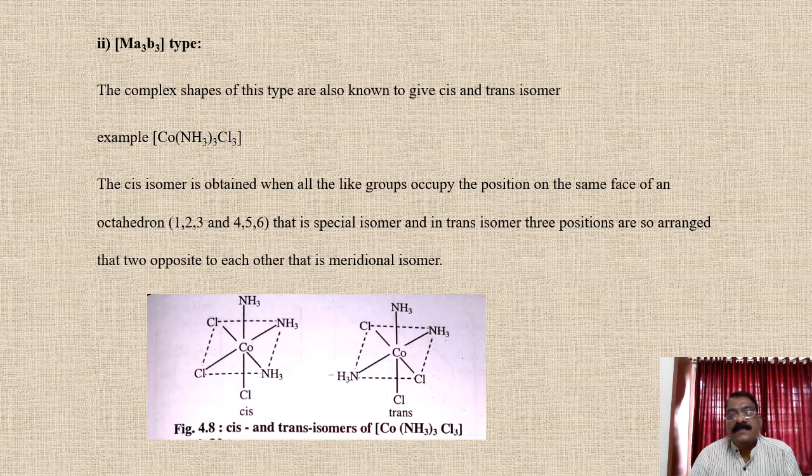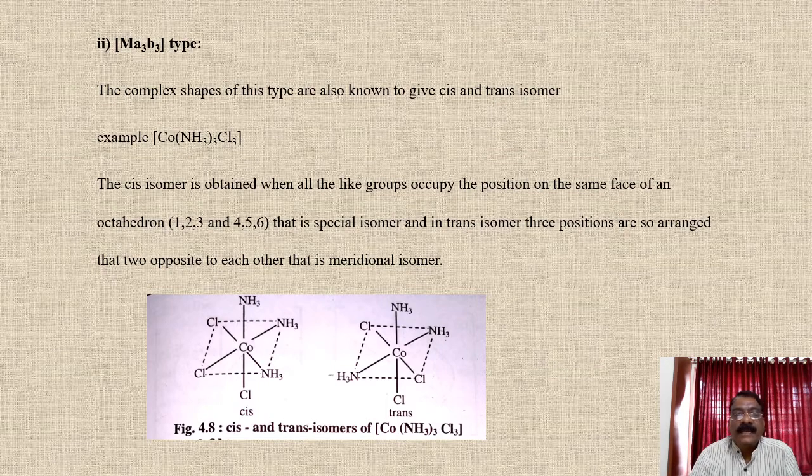This is the facial isomer, and in the trans isomer, three positions are so arranged that two ligands are opposite to each other. That is the meridional isomerism. So when there are similar ligands at 1, 2, 3 or 4, 5, 6, at that time that isomer is called the cis isomer, or it is called facial isomerism.